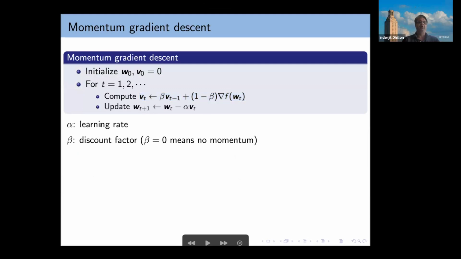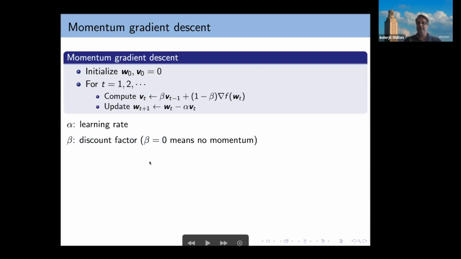Since we are doing gradient descent, we can afford to use a constant learning rate. Beta is sometimes called the discount factor, and beta equal to 0 means that there's no momentum. It's just the gradient being used.